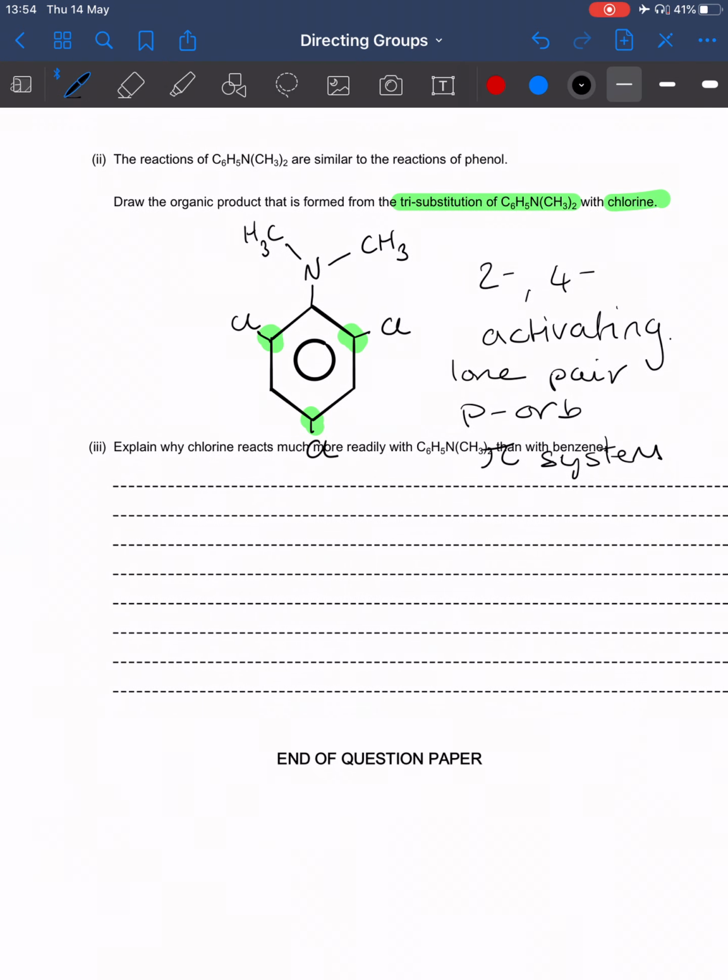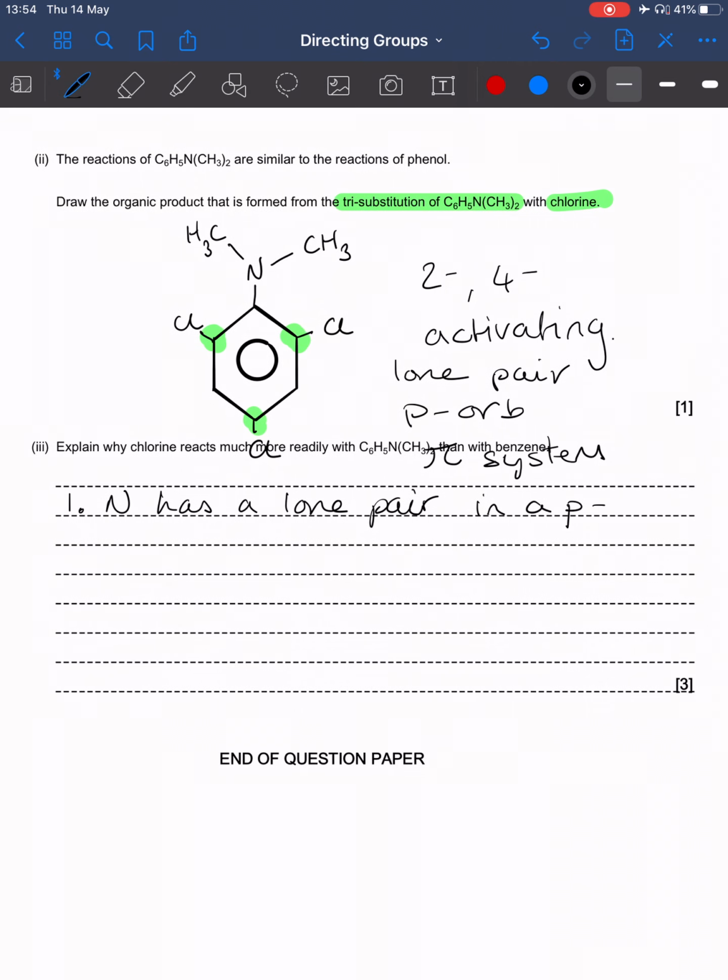So we're going to want to make 3 nice clear points. Point number 1. We've got the nitrogen has a lone pair in a p orbital.